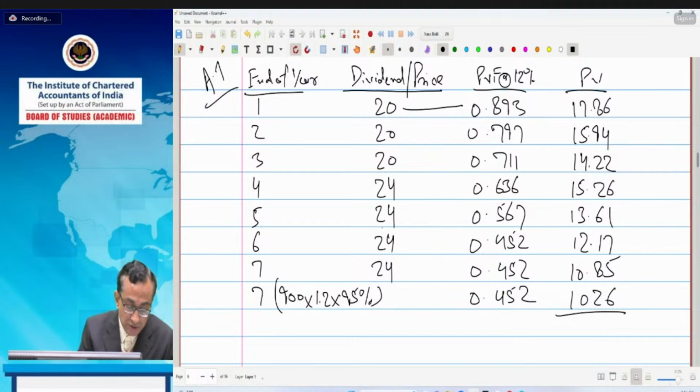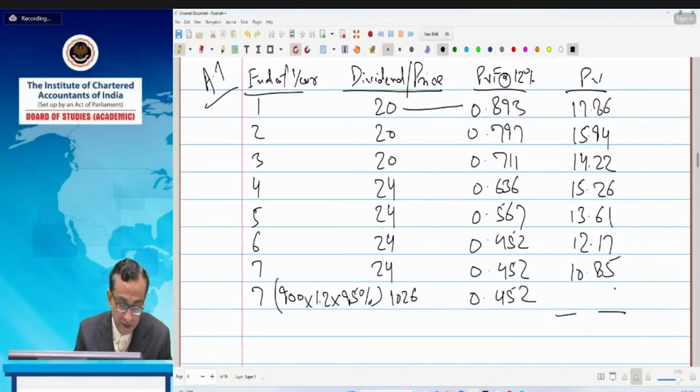So it is actually coming to 5026. Again, this figure 1026 is coming, and this 1026 will also be multiplied by the present value factor of the seventh year.